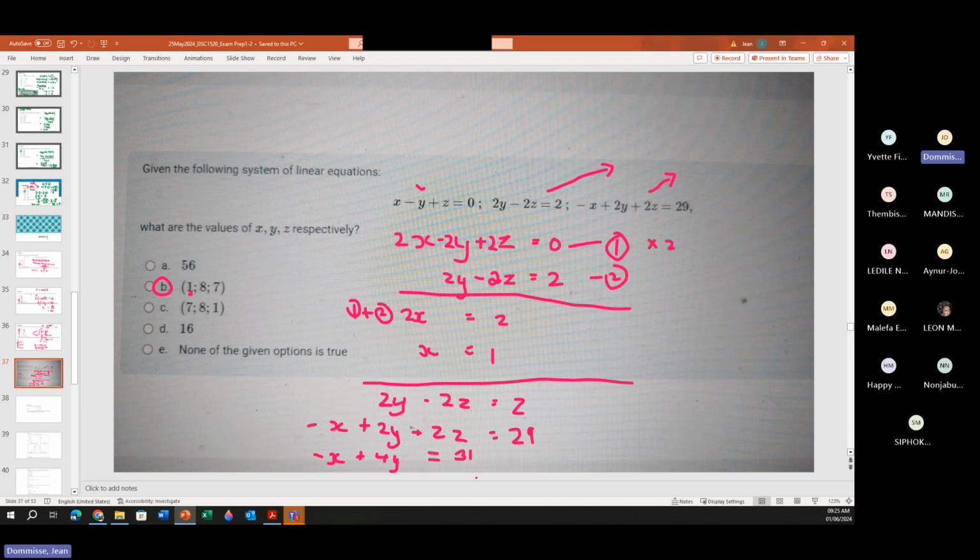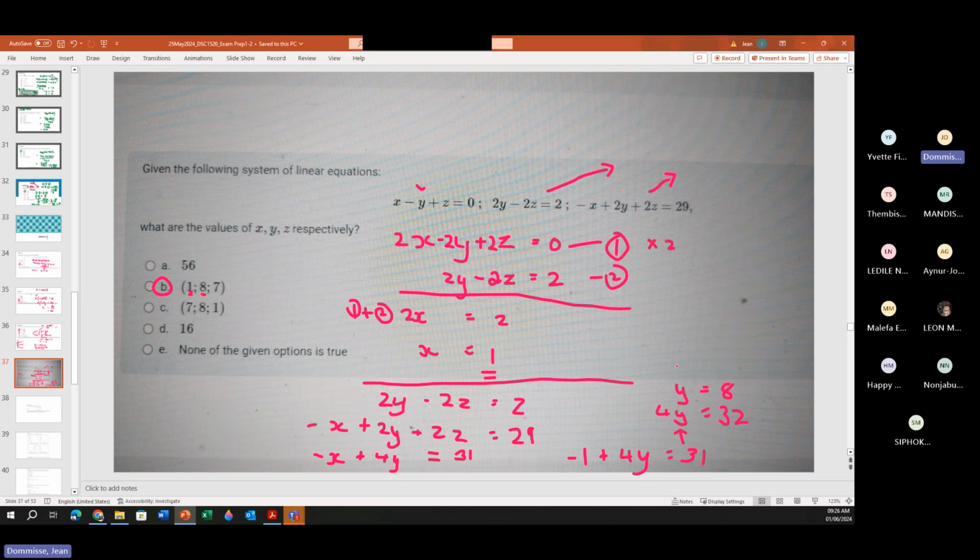Okay, that is quite tricky. But that's fine. Substitute x with 1 because we now have what x is. So minus 1 plus 4y is equal to 31. The minus 1 goes over to this side. So 4y is equal to 32. And y is equal to 8. Okay, y equal to 8.